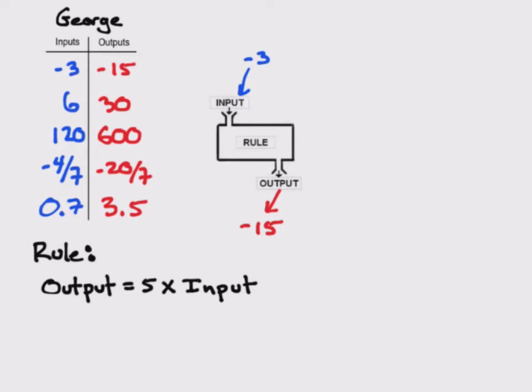Now note, there are of course far more inputs and outputs that we can find, but for now, let's just stick to the ones we've got and try representing it in a couple different ways. So another way to represent these inputs and outputs to this function is with something called a mapping diagram. So the first thing we're going to want to do is make a blob and label that inputs, and a blob and label that outputs.